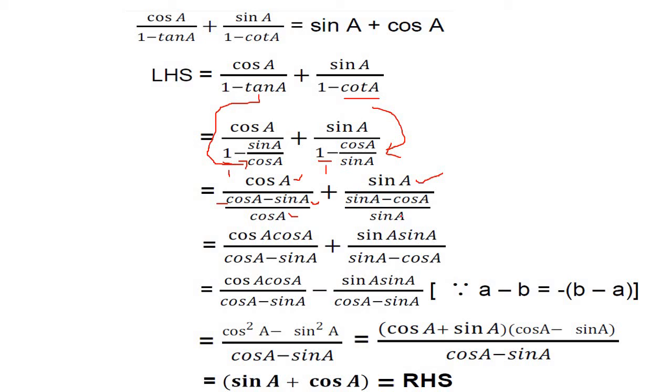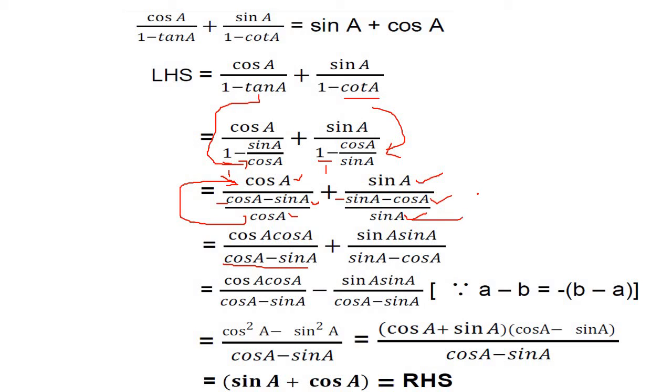The LCM of 1 and sin A is sin A. Sin A into 1 is sin A minus sin A, 1 into cos A is cos A. Now this cos A goes to the numerator. It becomes cos A into cos A divided by cos A minus sin A as it is.